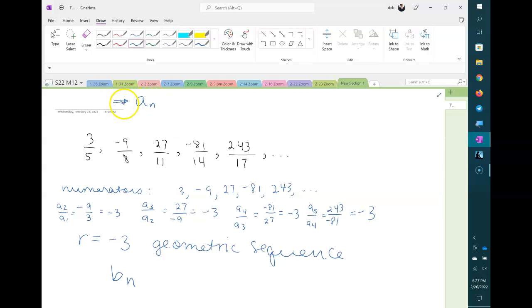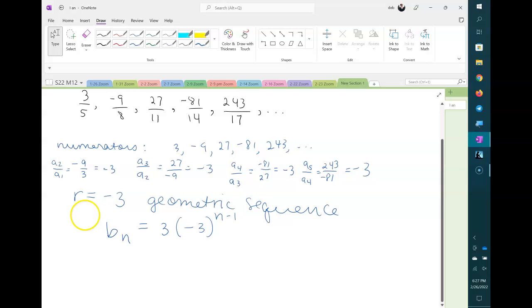So this sequence the terms are named A sub n. So I'm making a different sequence, so it should have a different name. So the formula is the first term times R to the n minus 1. So that's going to be the sequence that describes our numerator.